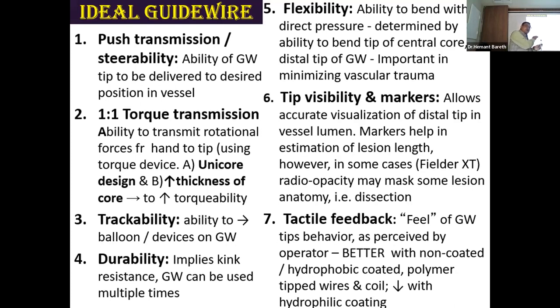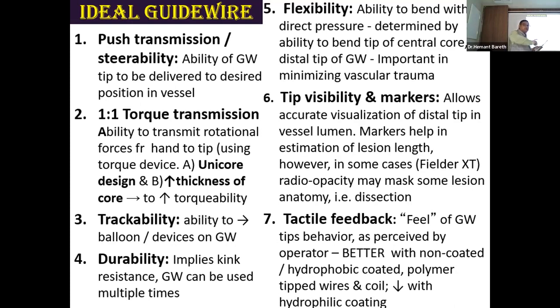If the core extends right to the tip, it is called a unicore. So a unicore design may help in torque transmission because ultimately you are moving the core. So if you are able to move the core and the core reaches till the end, then the end will also move. So unicore design is important, and also thickness of the core. Because if the core is thick and you move, then the transmission will be there.